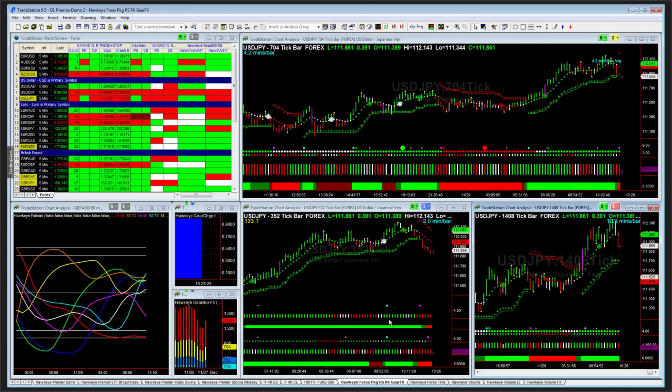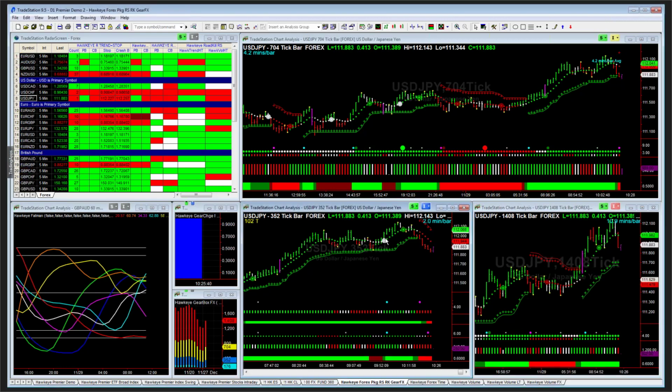So the alignment of those give me a very strong indication that this is trending in the direction of the longer term trend, which is the highest probability trade direction. So that gives you a very nice trade entry with a potential for profit on the shorter term. Okay. All you're doing is trading probabilities and statistics.